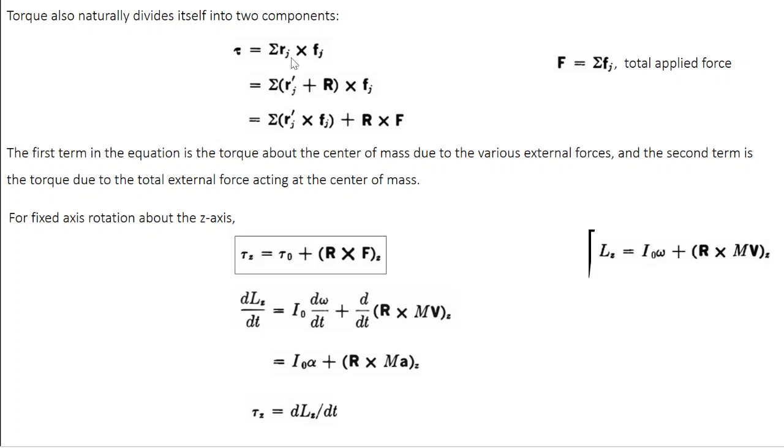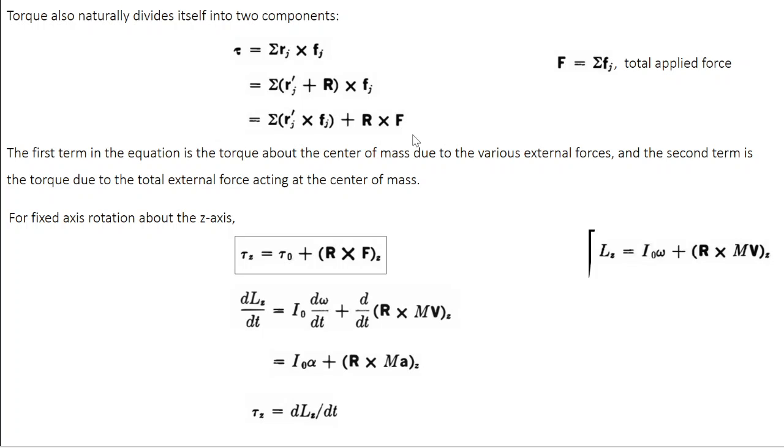Now I can write rj in terms of rj prime and capital R. So this is going to be summation over j (rj prime plus R) cross fj. Expand this: summation over j rj prime cross fj plus R cross summation over fj. Now summation over fj is the total applied force capital F. So the second term is capital R cross capital F.